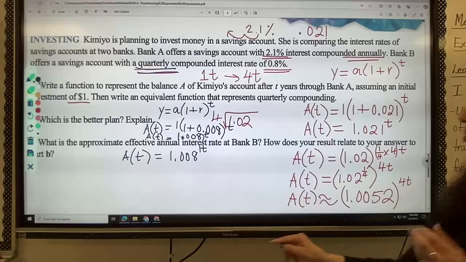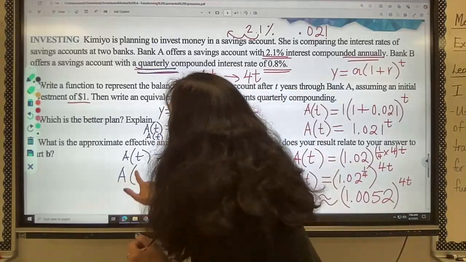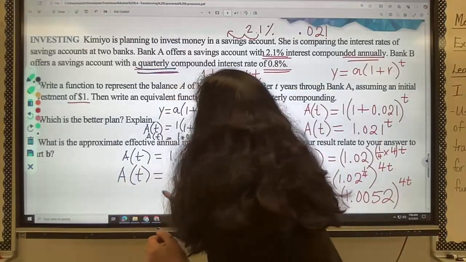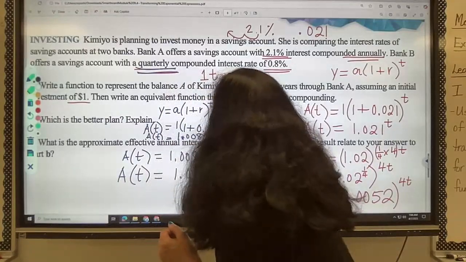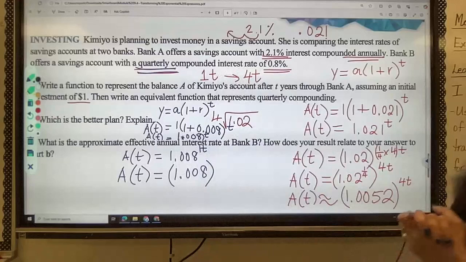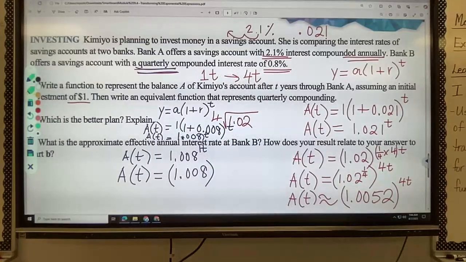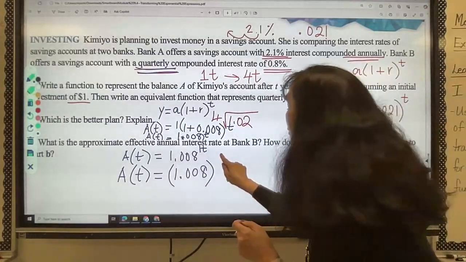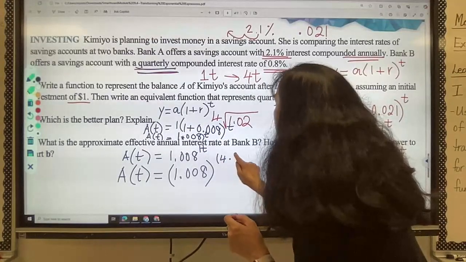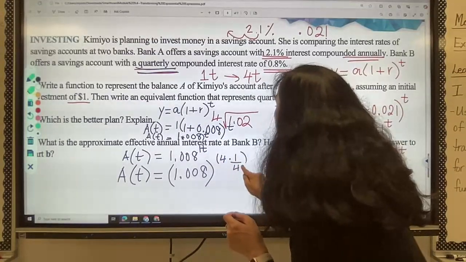So I'm going to write this as A of t is equal to 1.008, and as I said, it has to be 1/4, so I'm going to do 4 times 1/4 t.